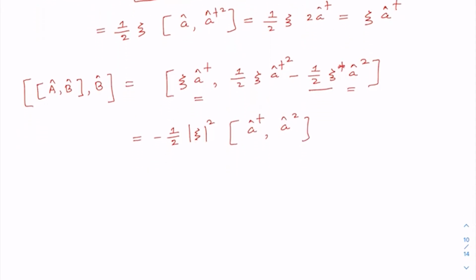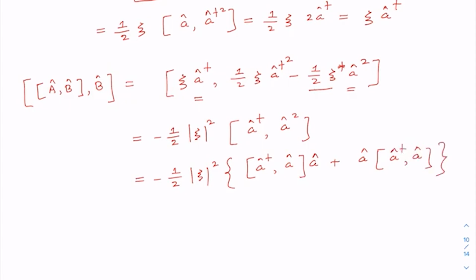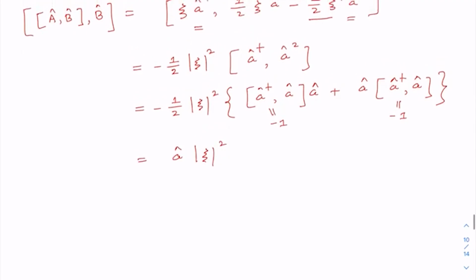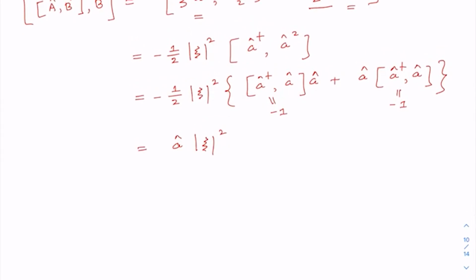Okay, this you can work out. This would be minus half ξ square, so here I can write it as a dagger a plus a dagger a, which is equal to minus 1, similarly here, so therefore I will have it as simply a mod ξ square.